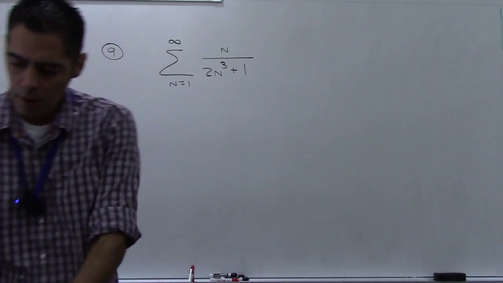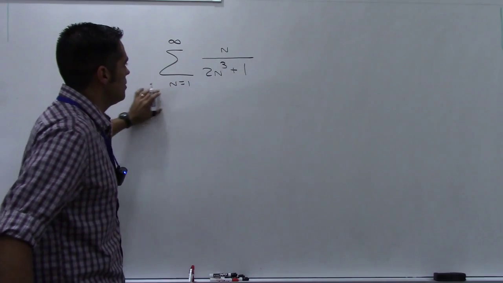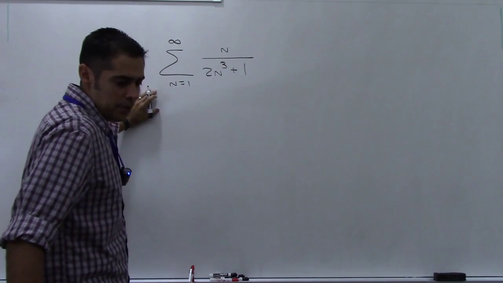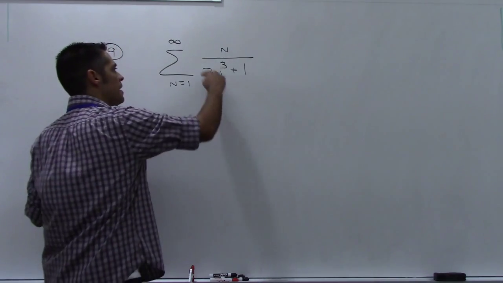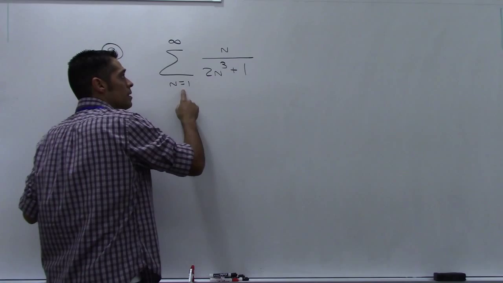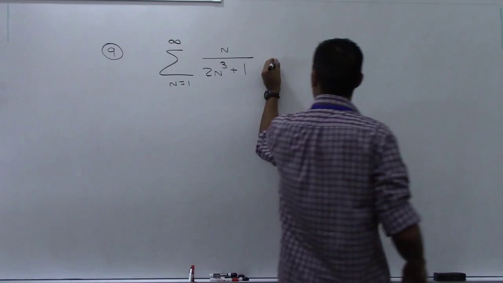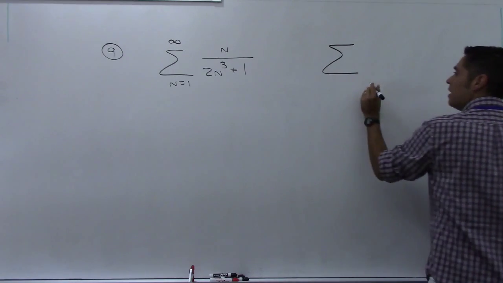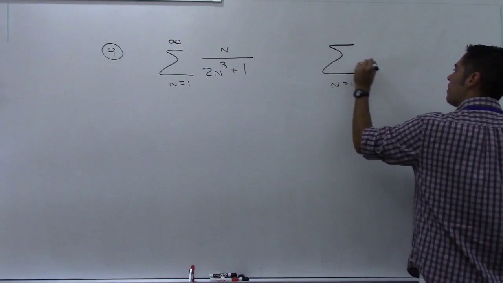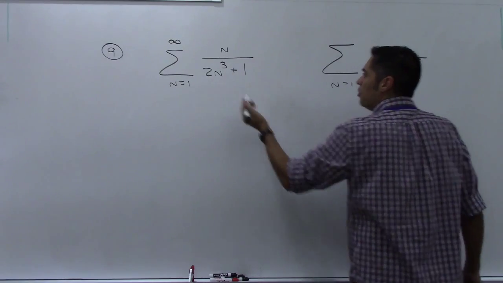All right. Well, if I'm going to look at a different series to compare this to, what I first think about is how does this behave if n is very big? If n is really big, the denominator really just acts like n cubed.